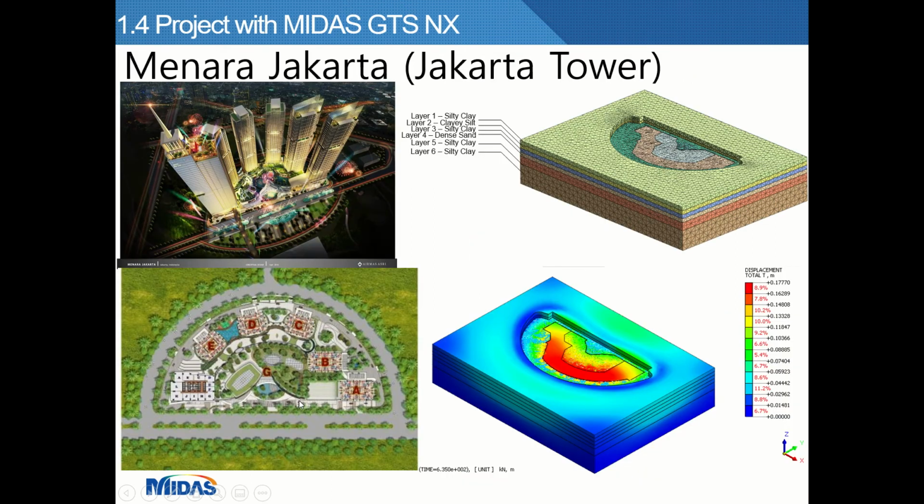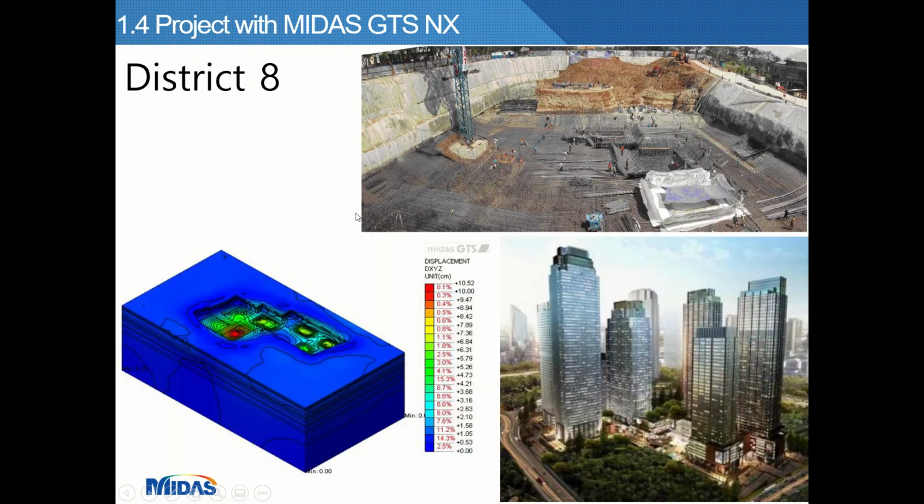Then of course we also did a number of projects in Jakarta, for high-rise buildings. Whenever we have settlement problems to solve, we use Midas GTS NX. For instance, whether it is pile raft or raft foundation, for the settlement profile, we always use Midas GTS NX.